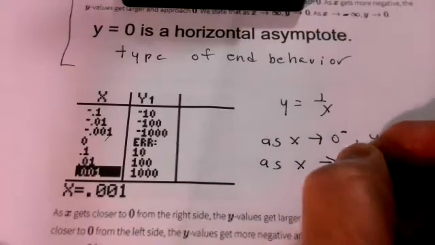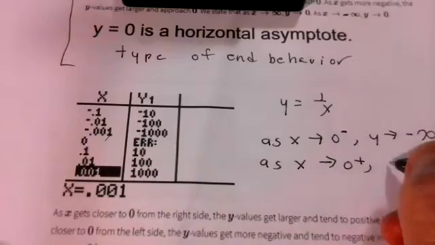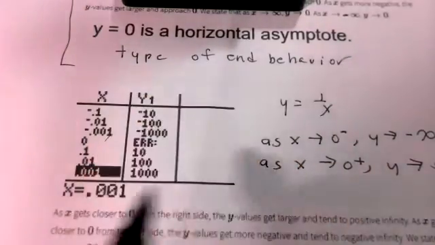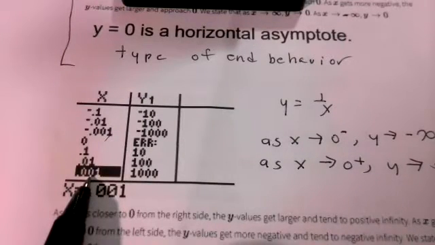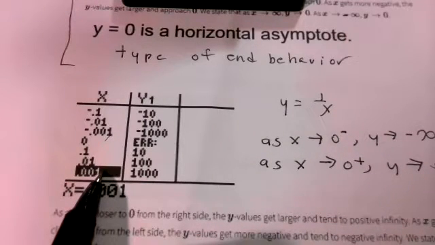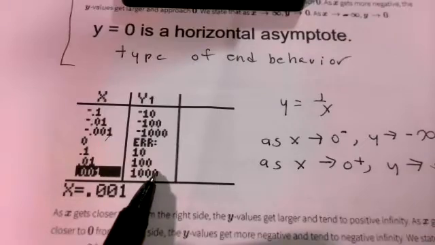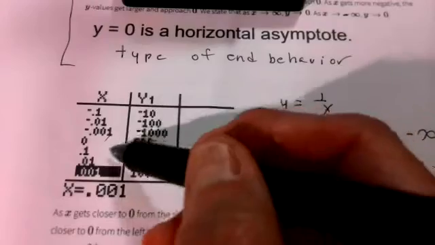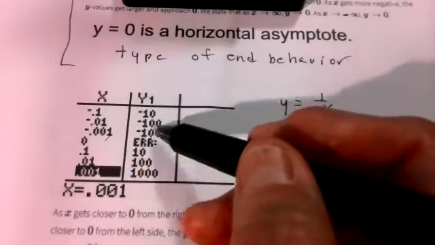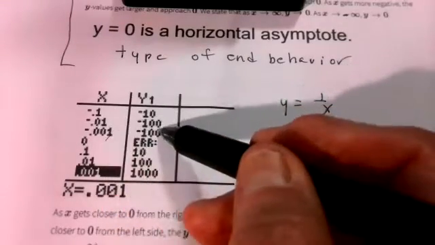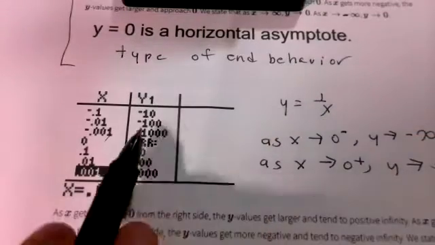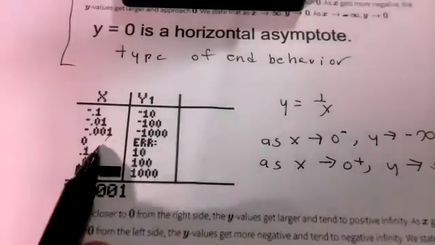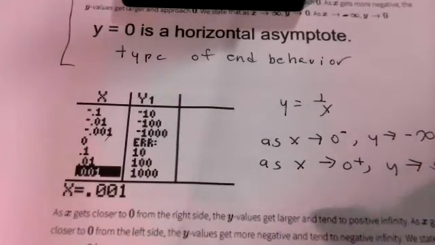As x goes to 0 from the right, y is going to positive infinity. The x is getting smaller and smaller, and the y is getting larger and larger. If x gets smaller and smaller coming in from the negative direction, then the y is getting larger but negative. And then right here we have an error when x is actually 0.